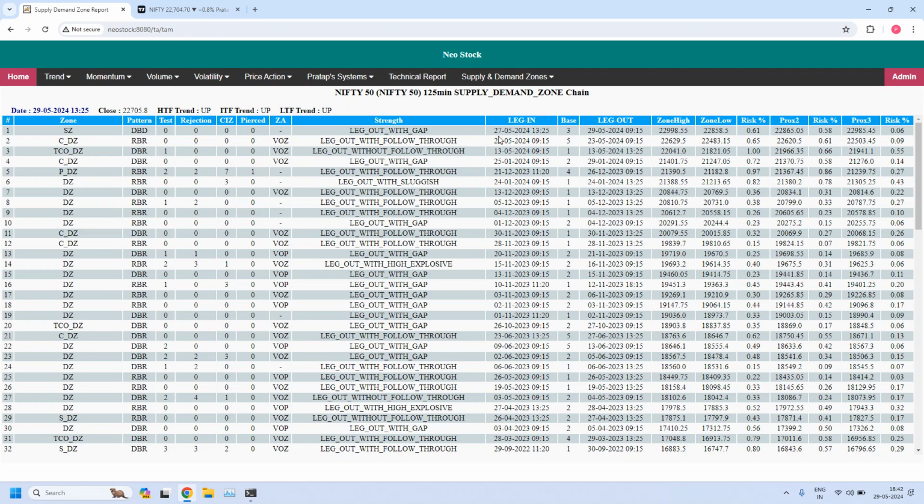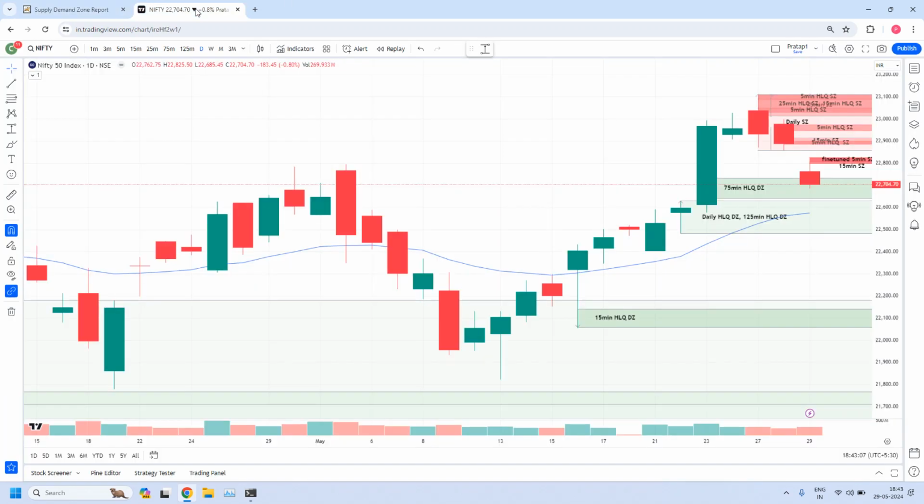And today also a 125 minute zone is created inside the daily zone. Anyway, I am not drawing this zone in the chart. I want you people to draw the zones on your chart, because at present I am interested only in high liquidity zones. And these high liquidity zones we have already drawn in the charts on 21.5, 9.15.